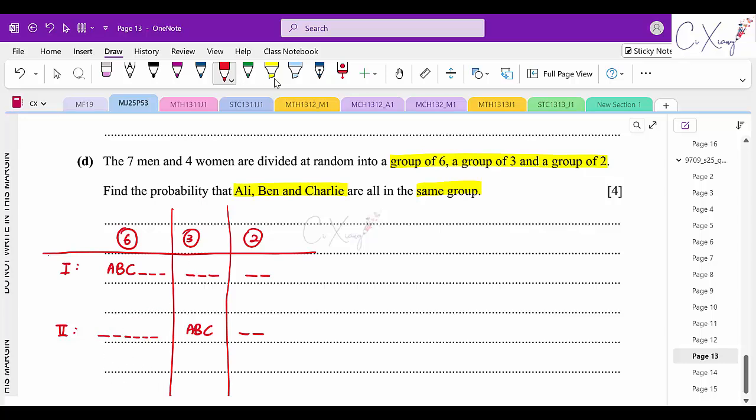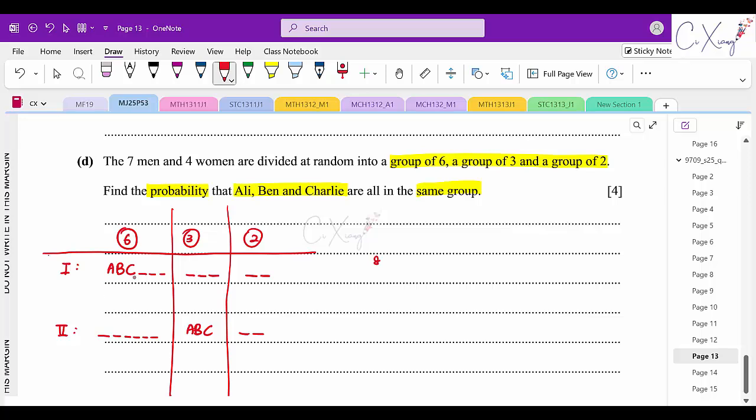Then now they're asking for the probability, right? We have to calculate the probability, yeah? First of all, let's choose the members and form the groups first. For case number 1, ABC are already in the first group. How many persons do you still have? There are 11 in total, 3 already in the group, so I have only 8 left.